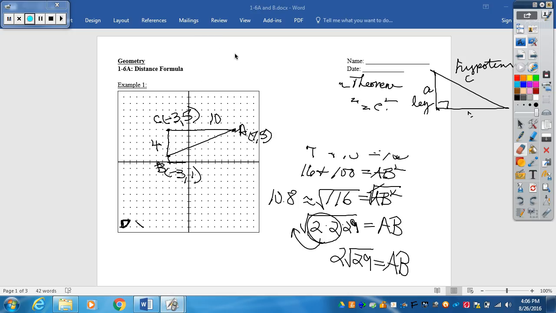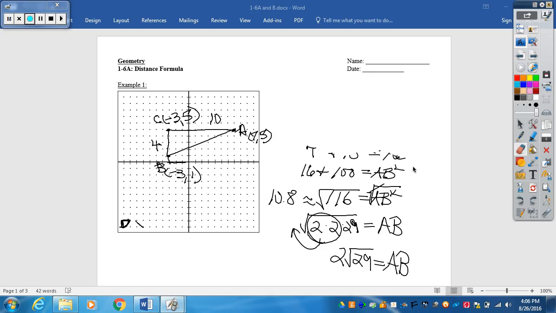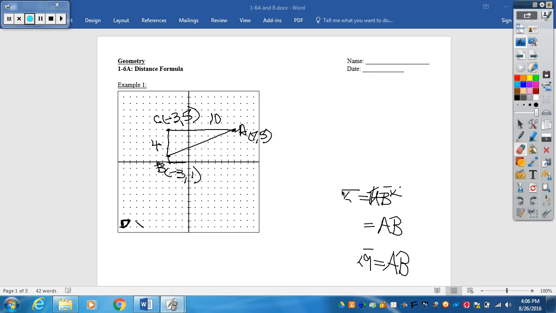what we had there. We had the square root of 116, and that'll be the quickest way to show what we're doing, but 2 radical 29 is our answer there. So where does this distance formula come into play? Well, one of the things I want you to see is that if I take this x value here, 7, and I subtract -3, I'm going to get 10.